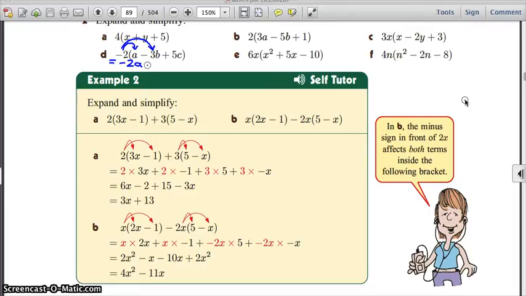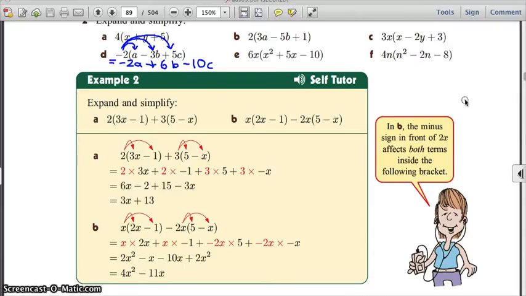A negative times a negative gives us a positive. 2 times 3 is 6. And we've got a b. And the last one that we're doing, remember that the sign belongs to that which comes after it. A negative times a positive gives us a negative. 2 times 5 is 10. C. Okay, negative 2a plus 6b, take 10c.